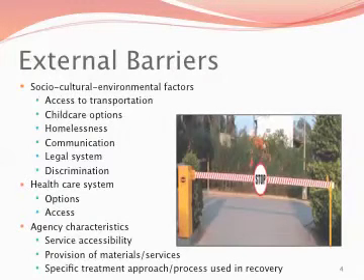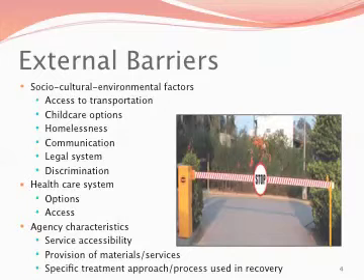Moving on to external barriers, these are barriers that can emerge from a number of outside sources. Examples of sociocultural environmental barriers can include access to transportation, childcare options, homelessness, legal system requirements, and discrimination. Some examples of healthcare system barriers can include options and availability, and access.